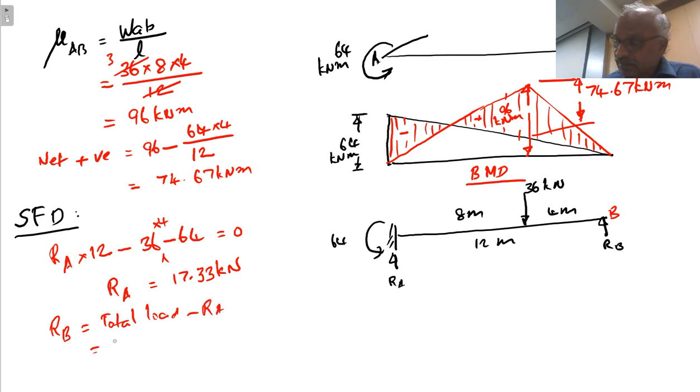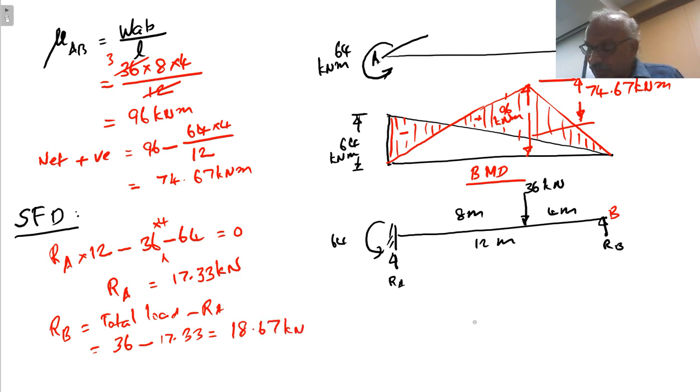Total load is 36, RA is 17.33, so RB equals 18.67 kilonewton. Therefore, coming to the shear force diagram, first it will be horizontal.